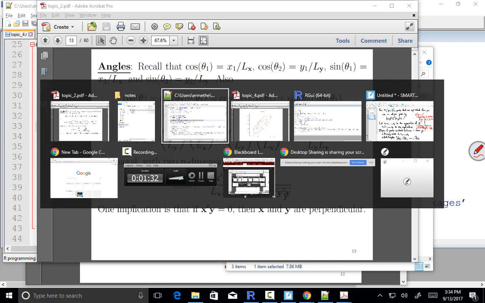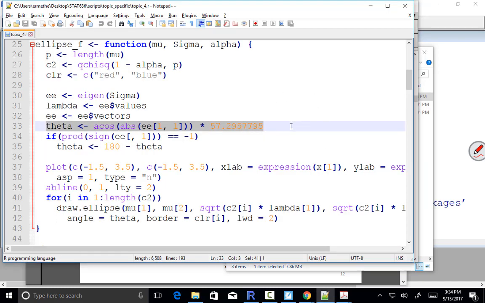I don't particularly care that you do much with computing angles. Let me just tell you this expression is computing the angle using what we just saw on the slides. In particular, the acos in R is like inverse cosine.